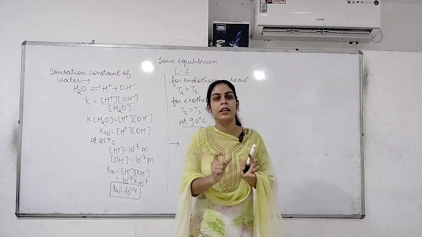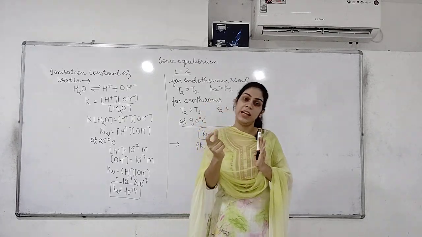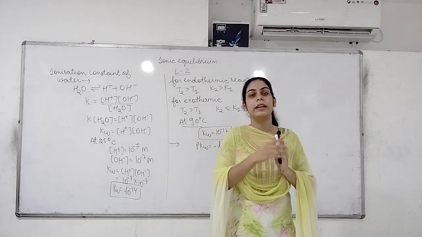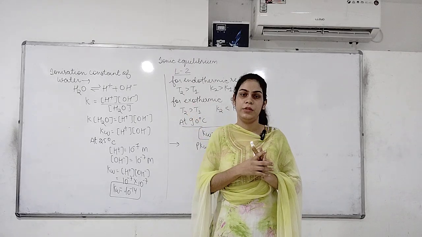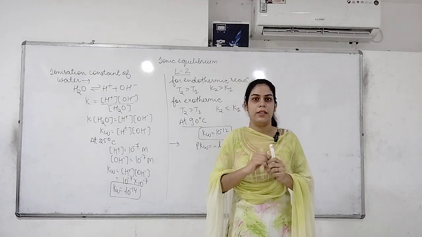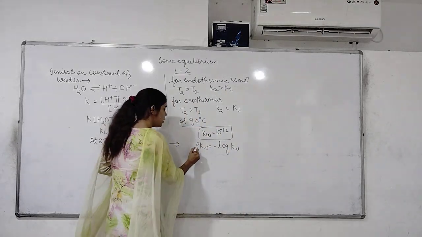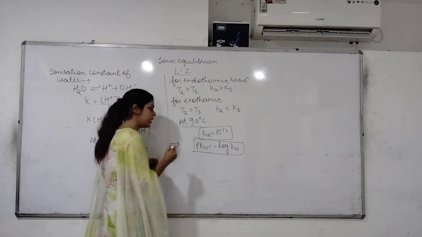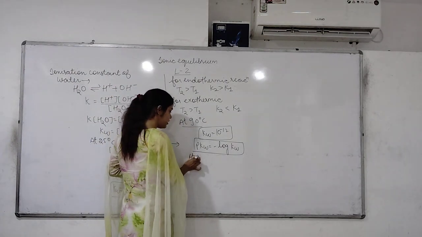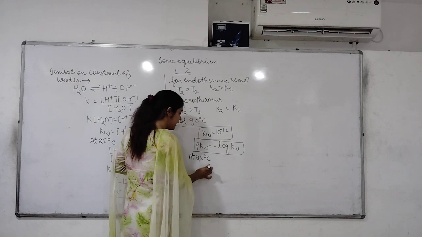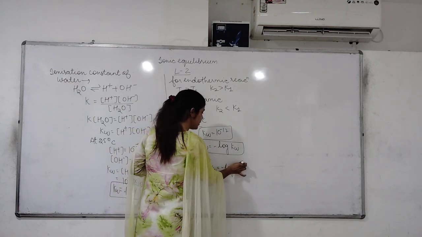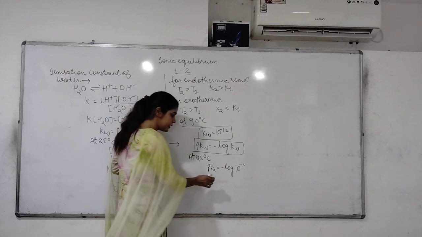So in general, whenever you see P in front of a term, it shows that we will take the negative log of that term. So pKw is minus log of Kw. Let's check the value of pKw at 25 degrees Celsius. pKw is minus log Kw, where Kw is 10 raised to power minus 14 at 25 degrees Celsius.